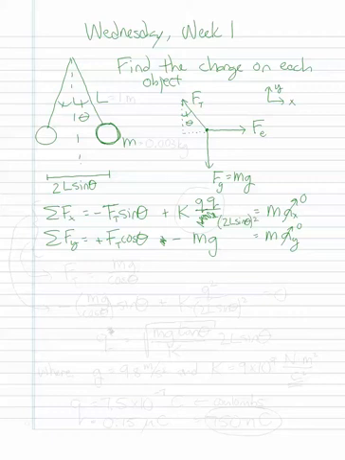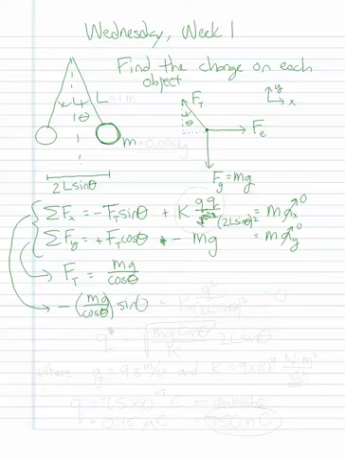So I note that these two equations allow me to solve for the tension force. The force of tension using the bottom equation is equal to mg over cosine theta. And using then the top equation, I can rewrite this as negative mg cosine theta times sine theta plus k, and I'm going to simplify this now, q squared divided by (2L sine theta) squared equals 0.